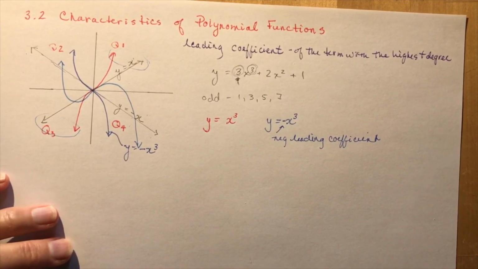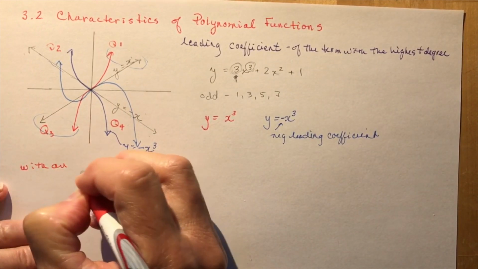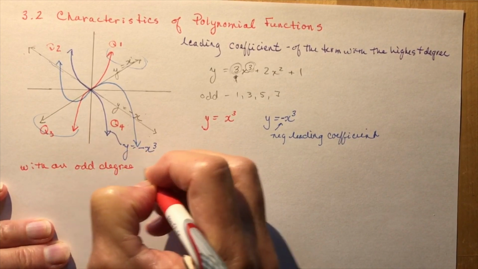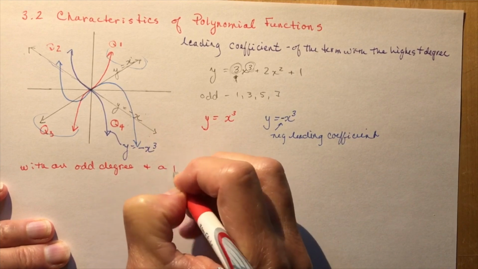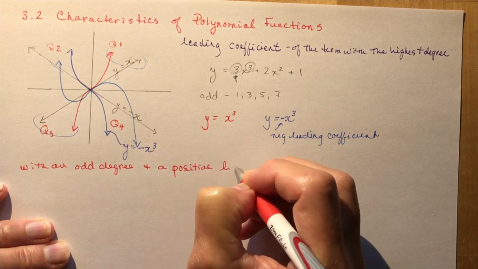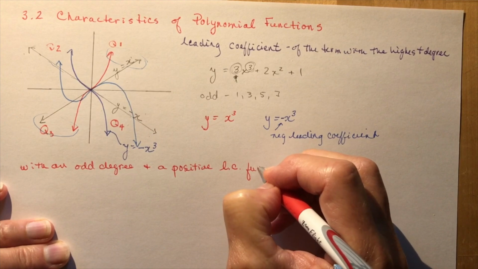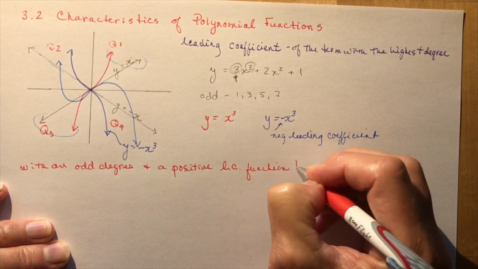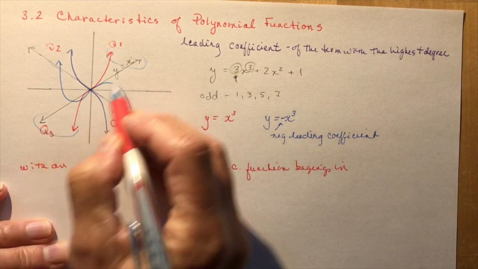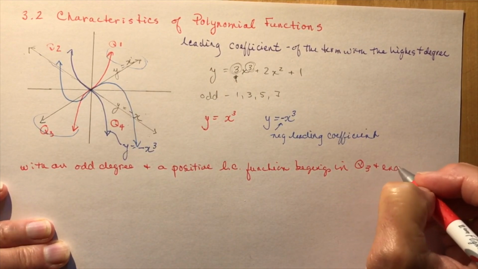So let's just write a little note here. So with an odd degree and a positive, let's start with positive because we're positive today, LC, leading coefficient, the function begins in, what did we say? Here's positive line, so it's Q3, and ends in Q1.